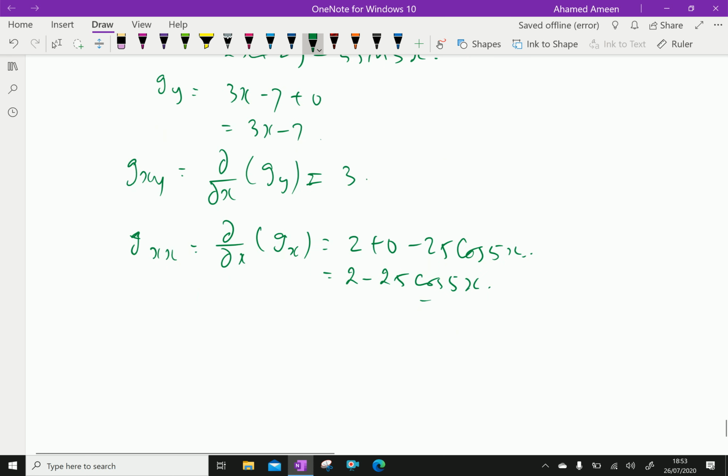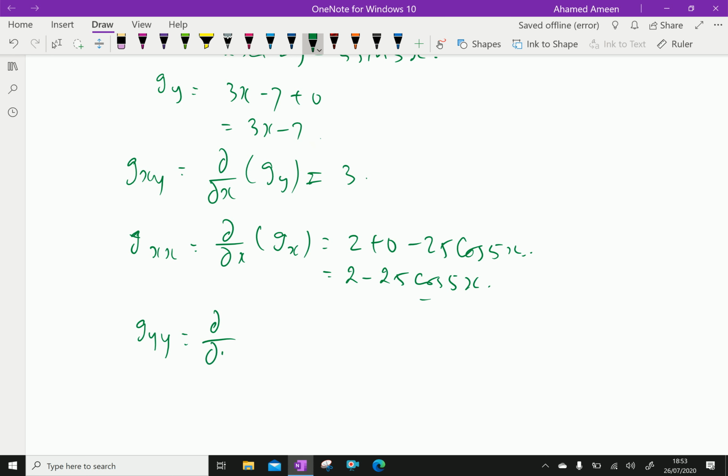Next g of yy. Already g of y is 3x minus 7, so that is dou by dou y of g of y.